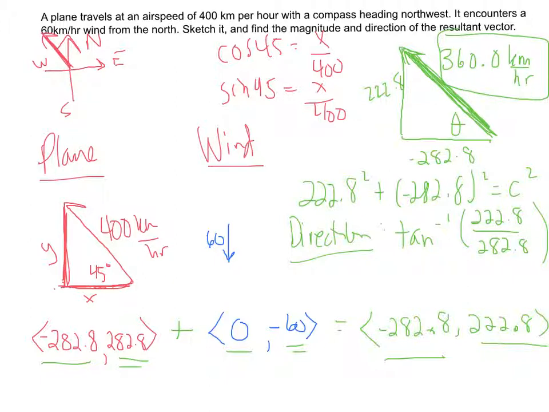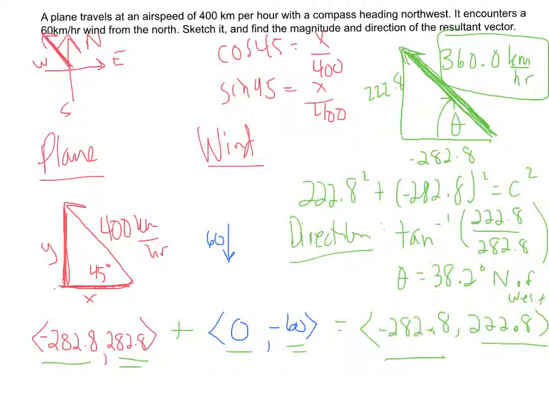And when I type that into my calculator, I get 38.2 degrees. So we can say this direction a couple of different ways. We can say that it's 38.2 degrees north of west. North of west, because it's toward the north from the west bearing.